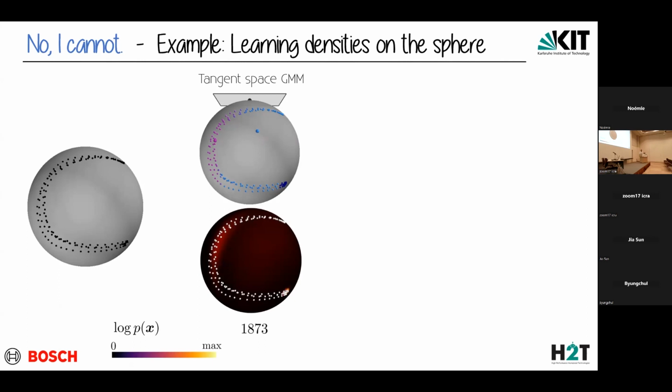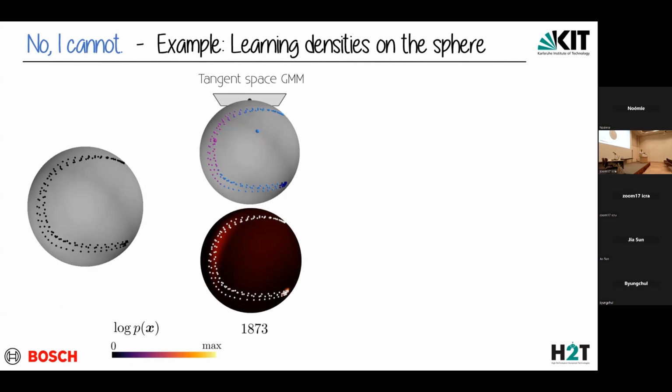The first problem we can observe here is that, probably the projection is not super obvious, but we don't have zero density in the center of the manifold, which we are supposed to have. But probably you can also see that we have very high densities where we are not supposed to have them.